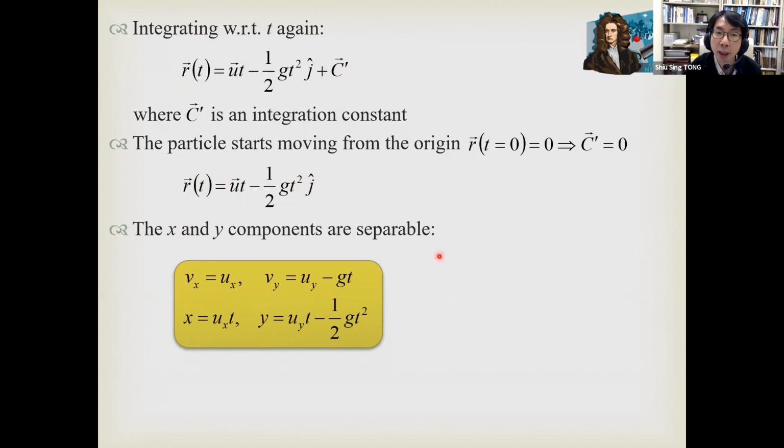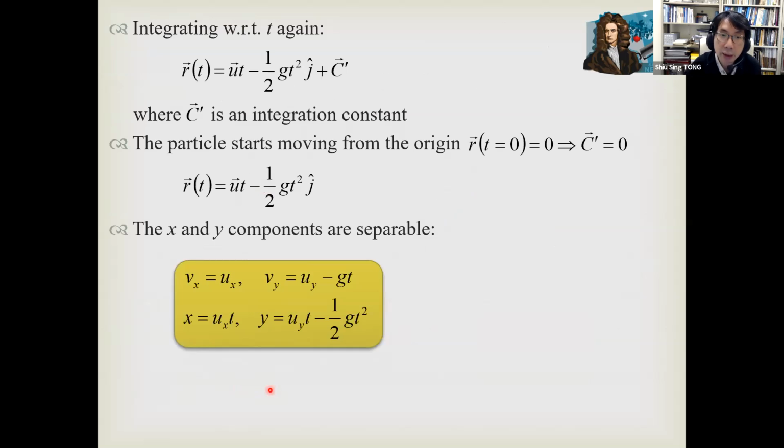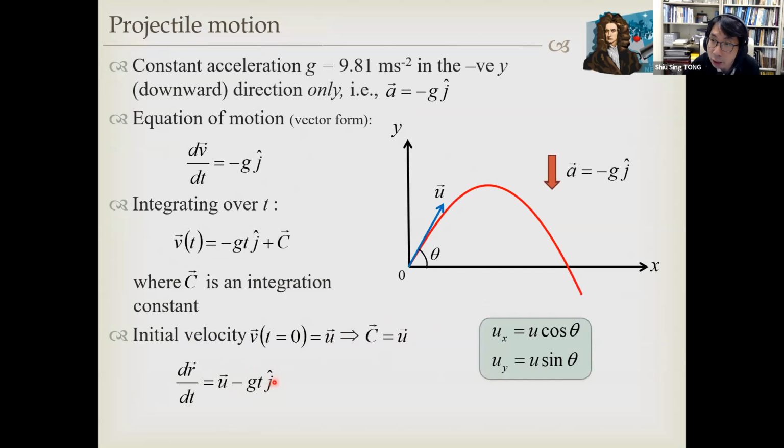Now you can easily go back to the components. If I look at this equation, v is equal to u vector minus gtj. If I take the x component, j is the y component, so it does not involve the j.